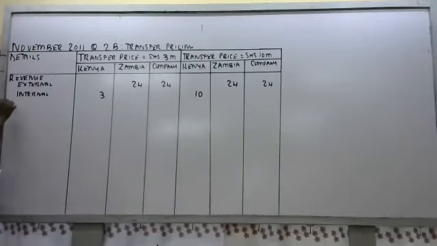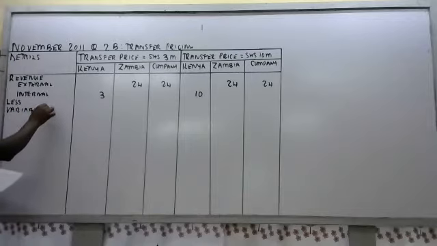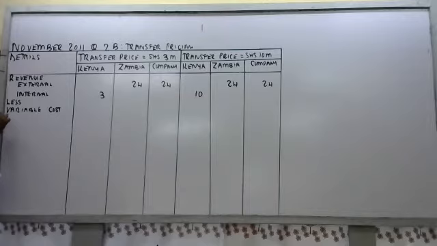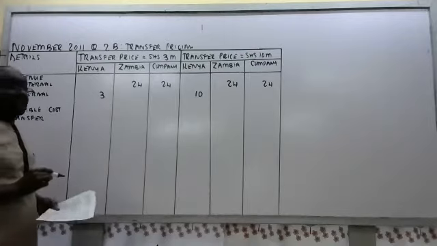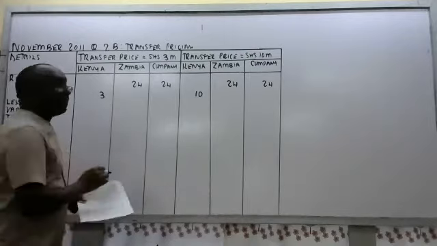So from there, we now say less variable costs. The variable costs, we begin with the transfer. For the transfer, it is only affecting Zambia.